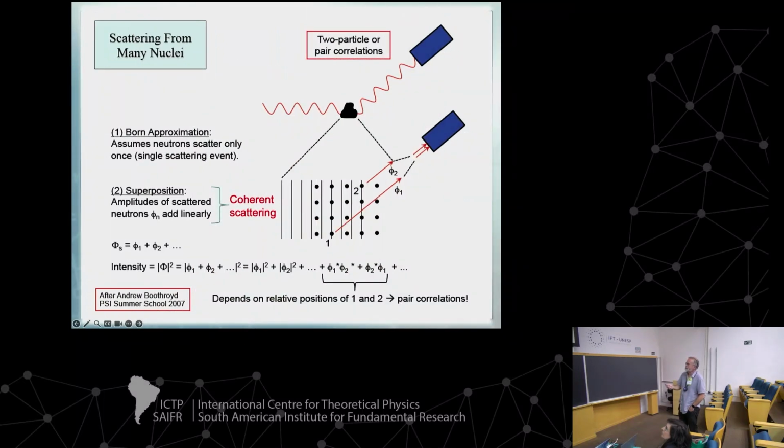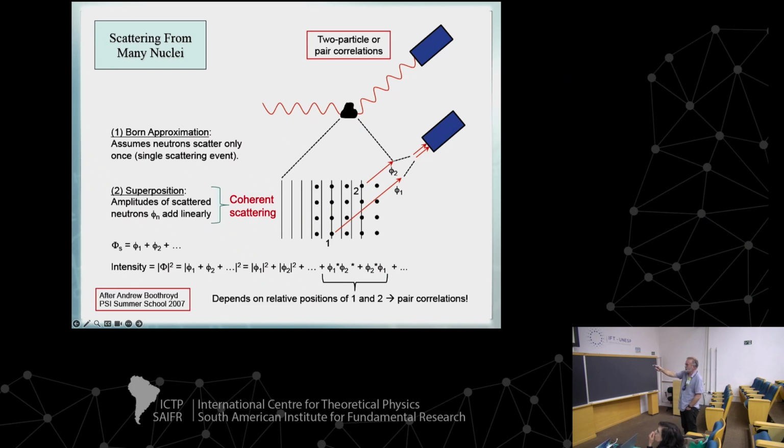So let's see what happens. We have the case of Born approximation. Neutrons are scattered only once, otherwise we will have a real mess. And we have superposition because all the scatterers are identical. You cannot distinguish one scatterer from another. So the intensity is just the square of the summation of all the wave functions, right?